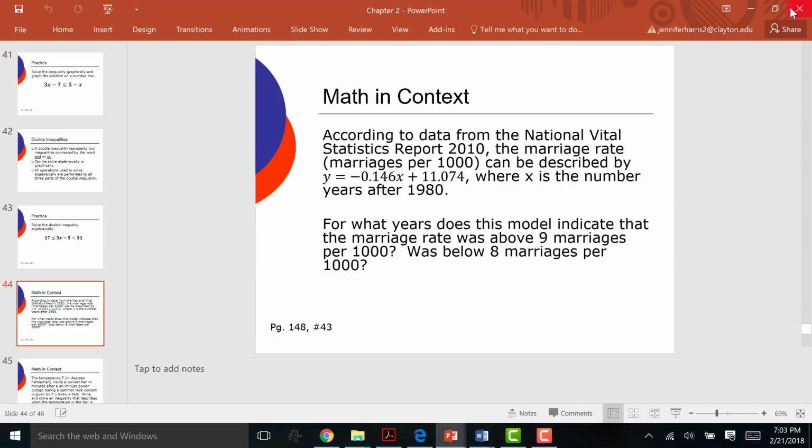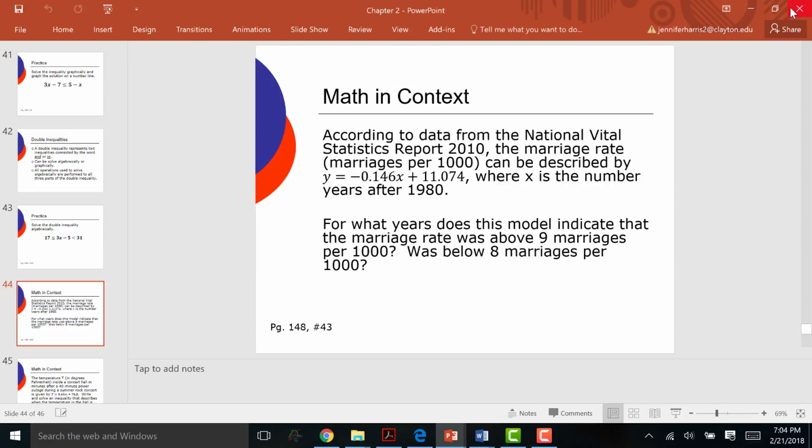Now, when it said for what years, is this 14 years or am I looking for an actual year? An actual year. What does this number represent again? X is the number of years after 1980. What should I do with this 14? Add it to 1980. So x is going to be the years less than 1994.